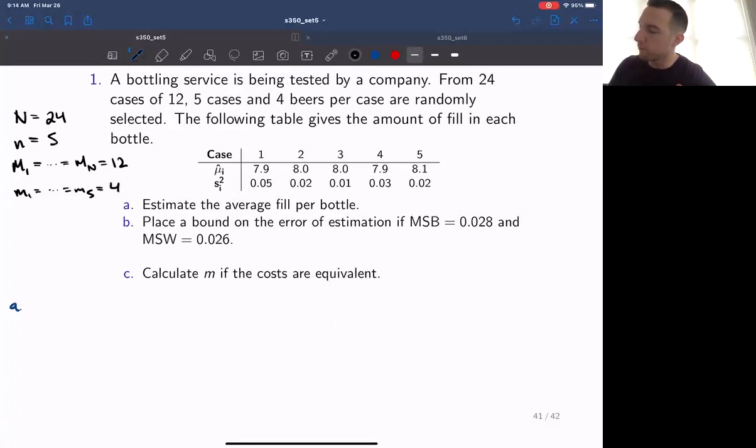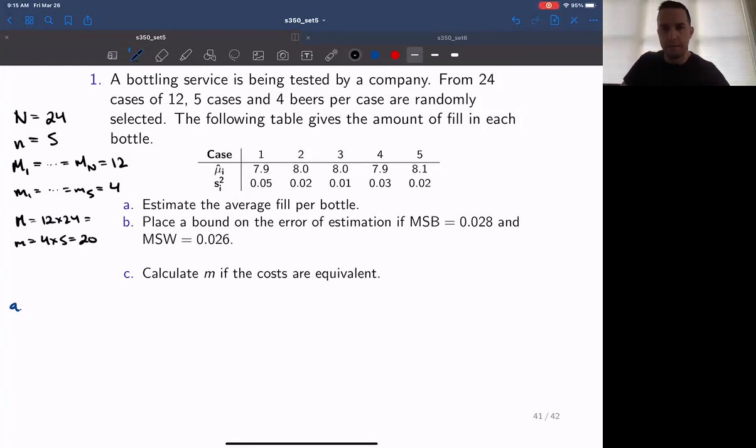So if we wanted to find capital M, that would just be 12 times 24, whatever that works out to be. And then little m would be equal to 4 times 5, which is 20. So 20 total bottles across the entire experiment. And then 12 times 12 is 144 times 2 is 288. I think that's correct.